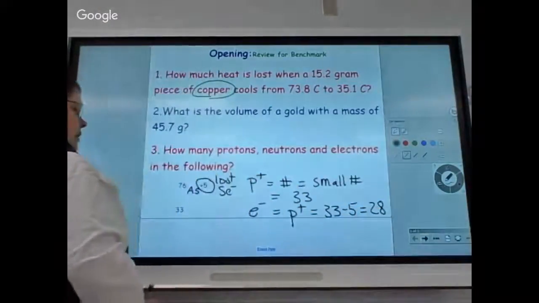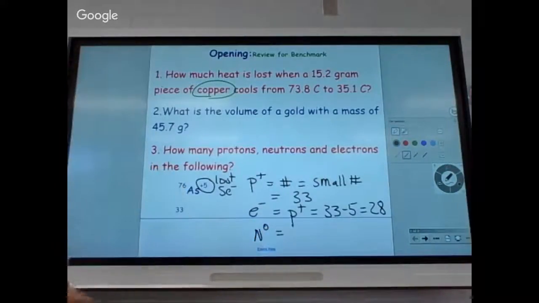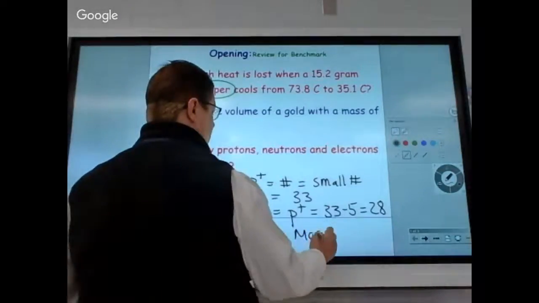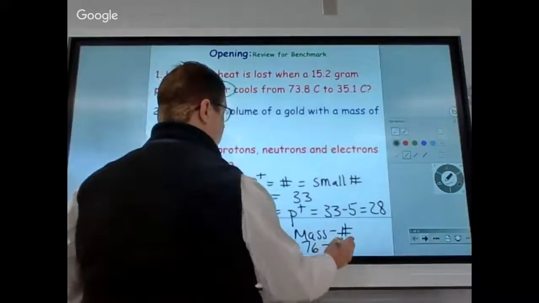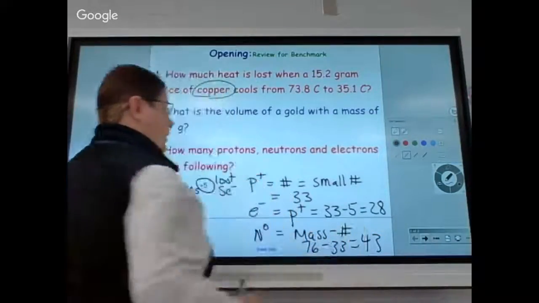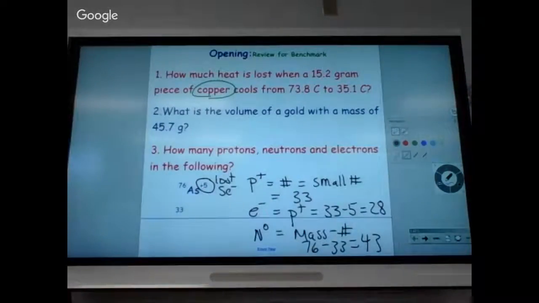Okay? And then we're down to neutrons. And what do we do to do the neutrons? Mass minus number. So mass minus number will be 76 minus 33. What's that? 43? Questions about how to do any of the three things that I selected from days of old? No? Okay.